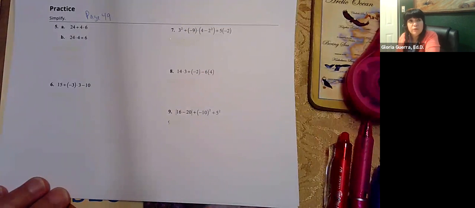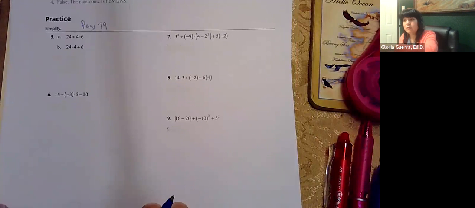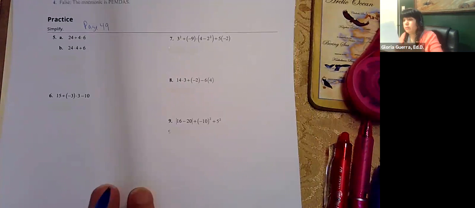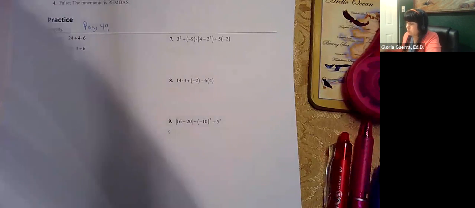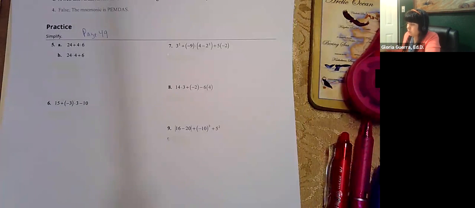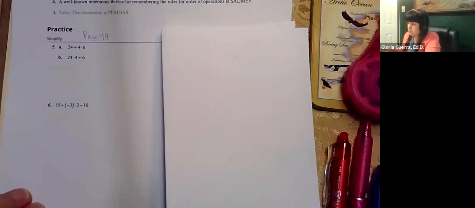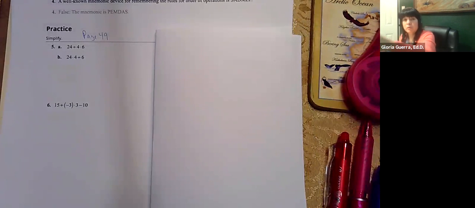If we look at number 5, we'll start with 5A, and let me see if I can cover up the other problems for now, so we can concentrate just on 5A.